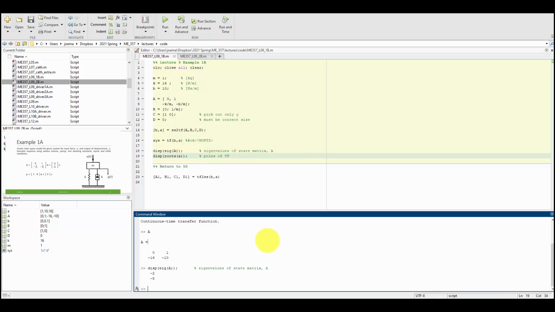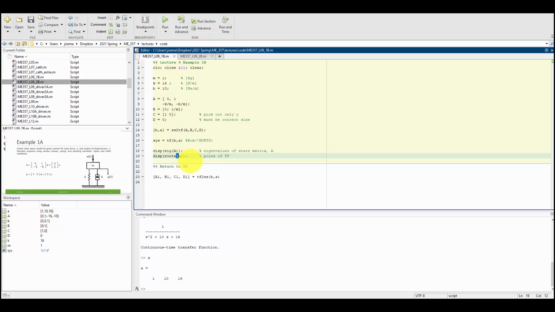Now let's look at the denominator of our transfer function. Let me just bring it back up again. This s squared plus 10s plus 16, and a is just the coefficients of that denominator. What I can do is find the roots of the denominator, which we call the poles of our transfer function. So what are the values of s that make that denominator 0?